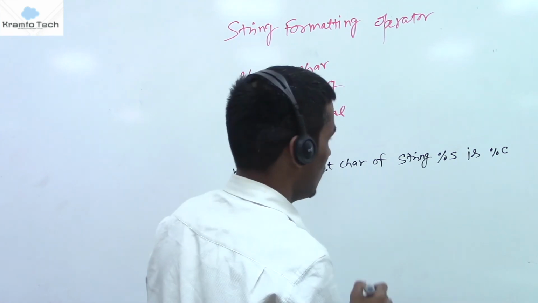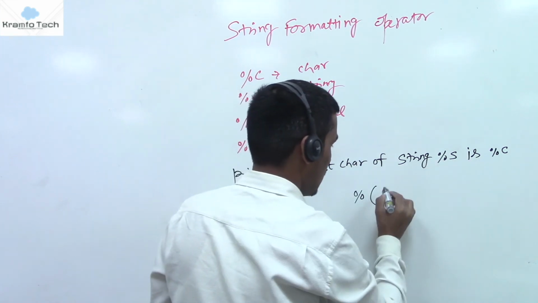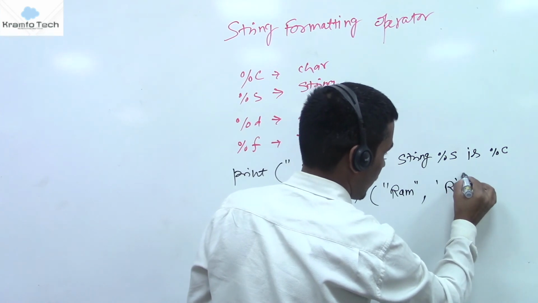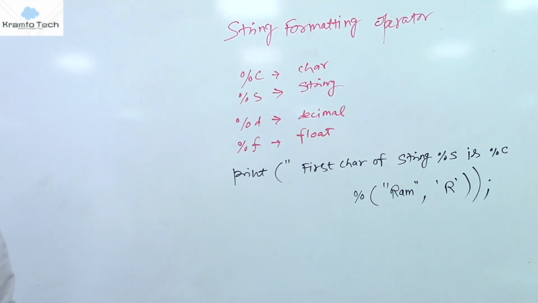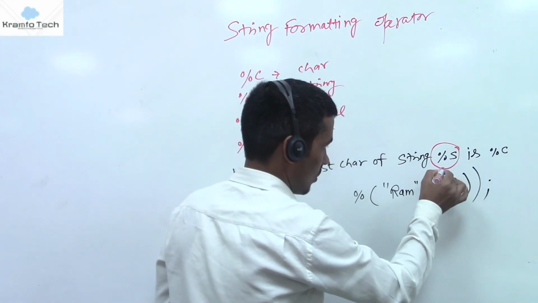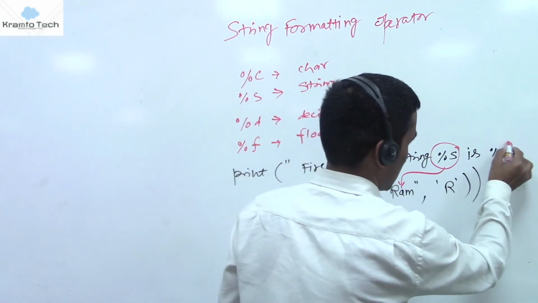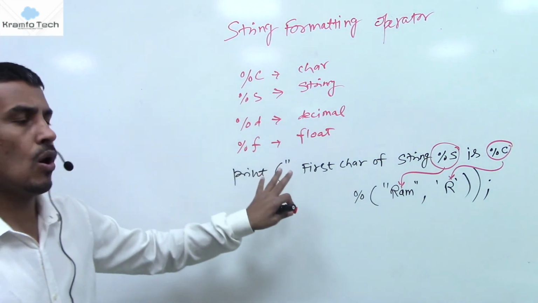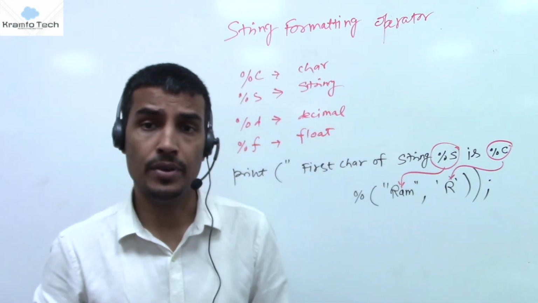Then you write the percentage sign, and in brackets you write the string part, let's say Ram, and the single char, R. The output you get is that the %s placeholder belongs to this string, and this %c belongs to this single character R. If you want this kind of output, the string formatting operator will help you very well.